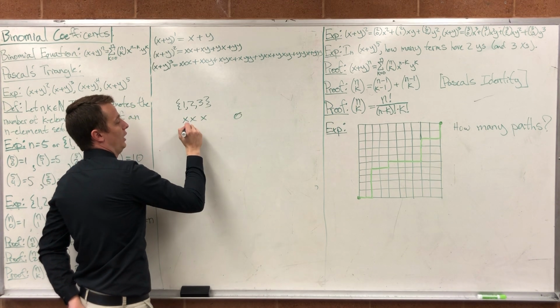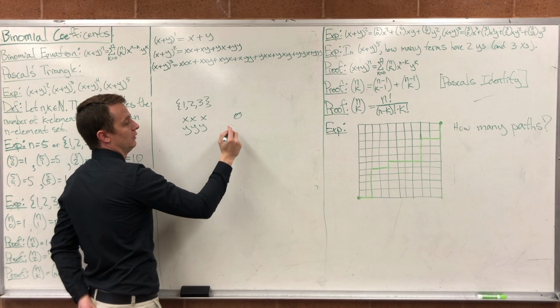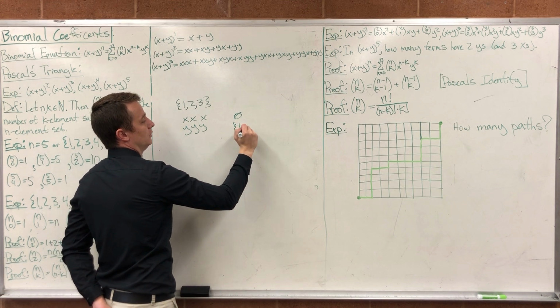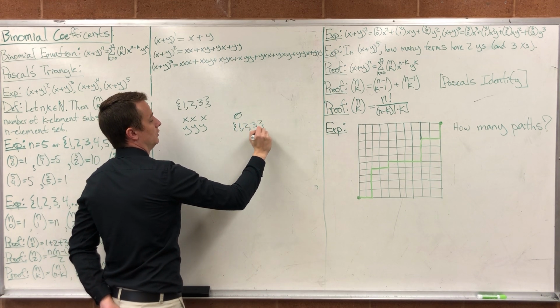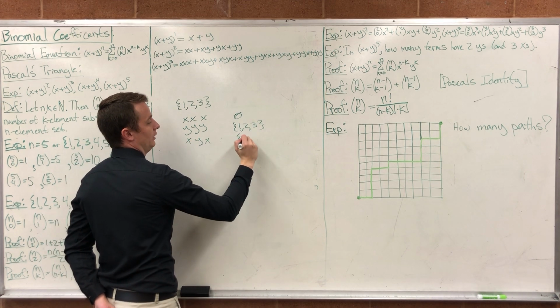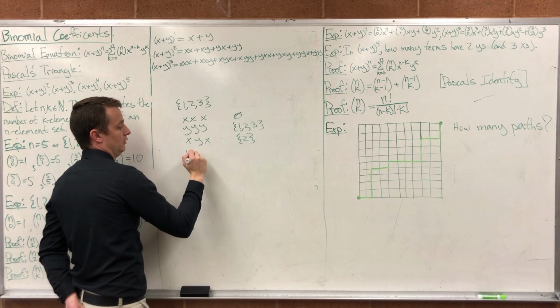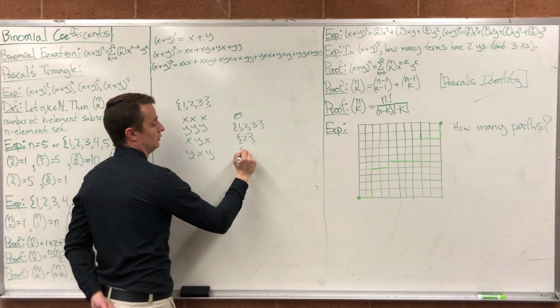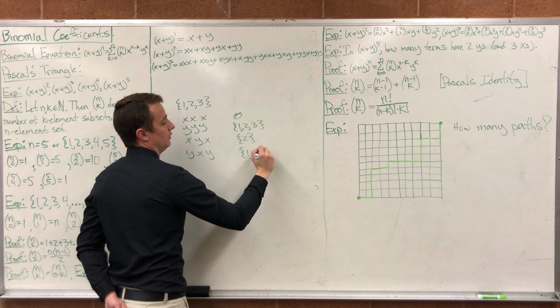The empty one. YYY would be all of them. XYX would be the set containing 2. YXY would be the set containing 1 and 3.